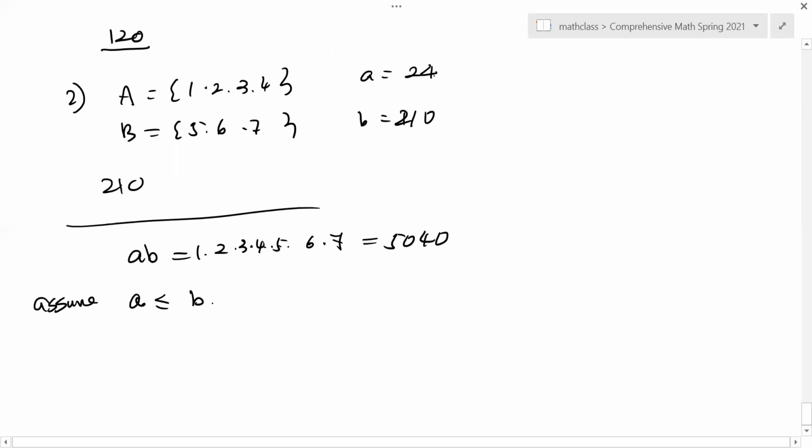Then you write down the number B, and you want to make sure what is the smallest value.